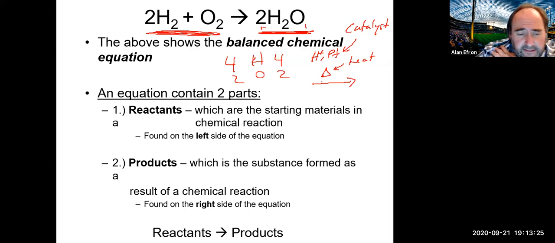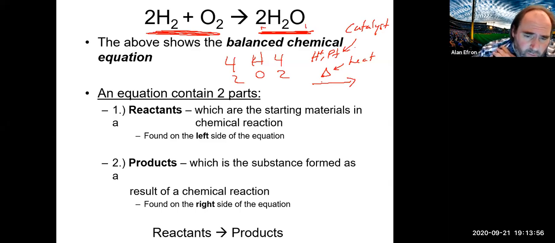A catalyst is not a reactant and not a product, but a lot of times a catalyst is added to a chemical reaction to make it speed up. Sometimes in slow reactions, we add catalysts. They don't get used up, and they're not considered reactants or products. They're usually there solely to make the reaction occur faster. Very common, you'll see that put on top of the arrow.